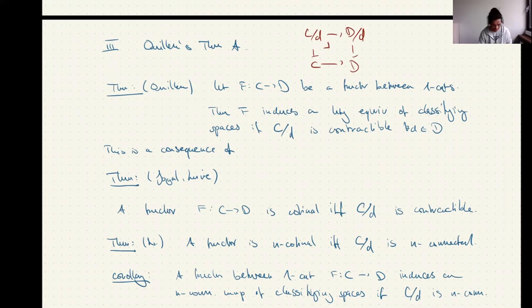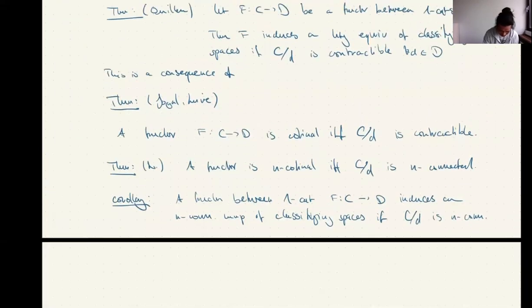So in particular, if you apply this for one-categories, you just recover the usual characterization of an ordinary cofinal functor where the slice category is connected, right? It's non-empty and connected.